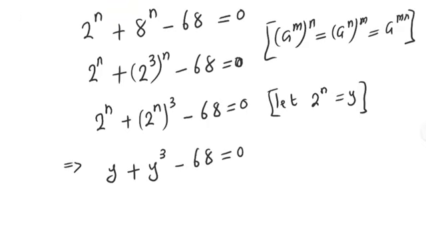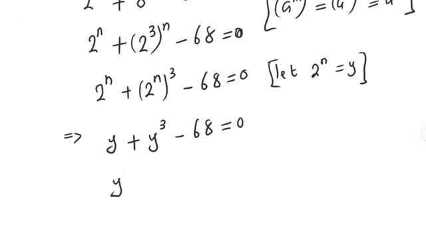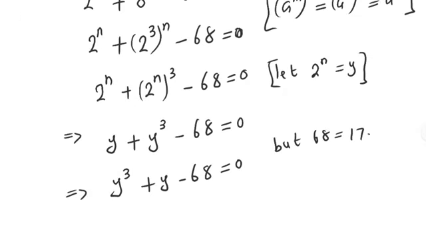Let us put this in standard form. y raised to power 3 plus y minus 68 is equal to 0. But 68 is equal to 17 multiplied by 4. Then the coefficient of y here is 1. This can be written as 1 is equal to minus 16 plus 17.